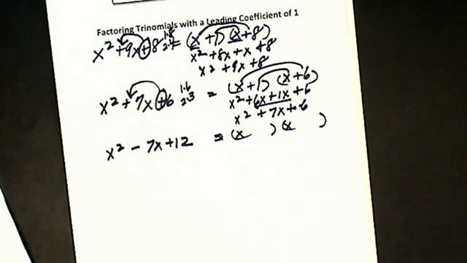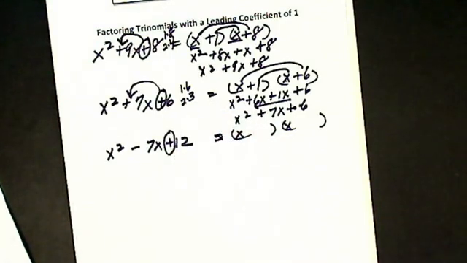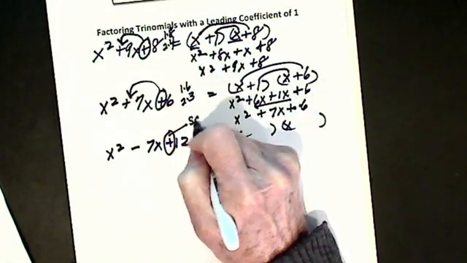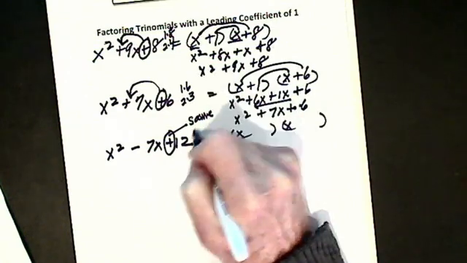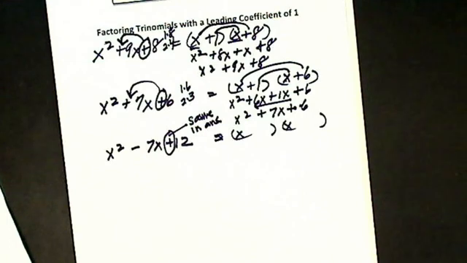So now I look at the sign of my third term. It's still a plus. So that means the signs in my answer are the same, which means plus plus or minus minus.